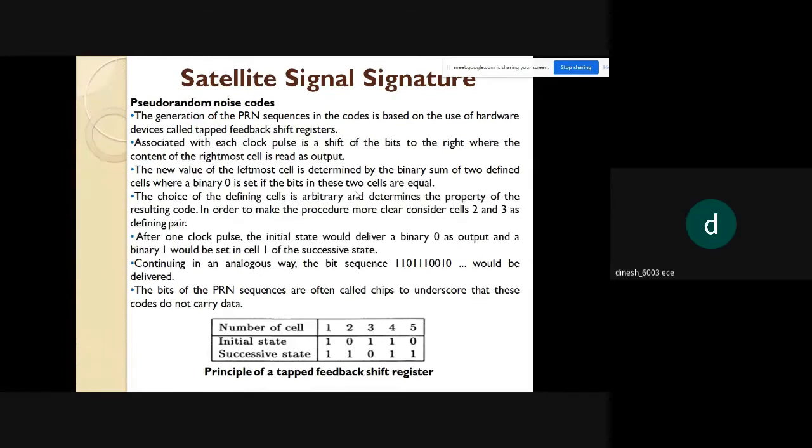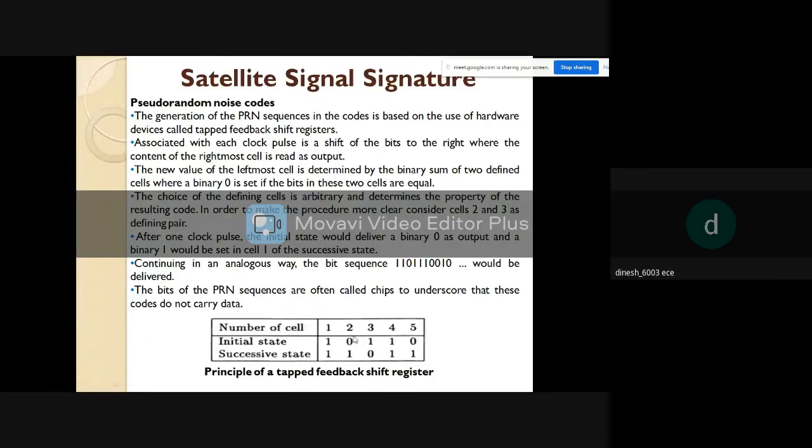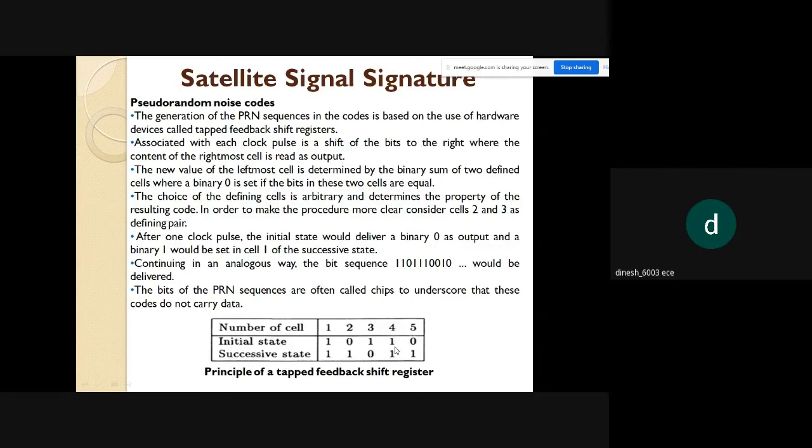You can see a representation of the principle of the tapped feedback shift register, where I have a sequence of 10110 in the table, and the successive state is right shifted.